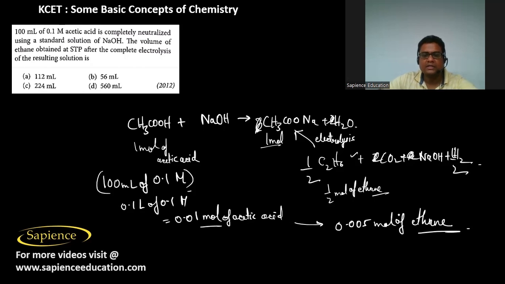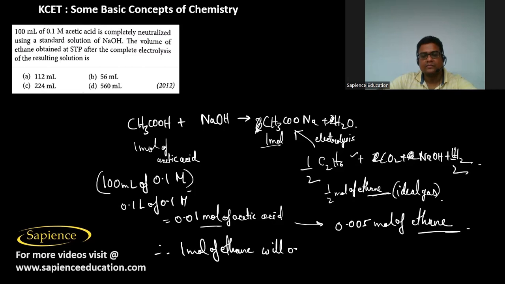Now, if we consider ethane as an ideal gas, we have to find the volume of ethane obtained at STP. So 1 mole of ethane will occupy 22.4 liter, or 22,400 ml of ethane.